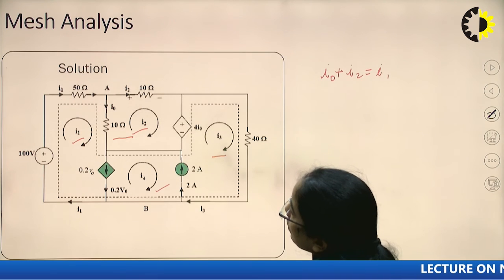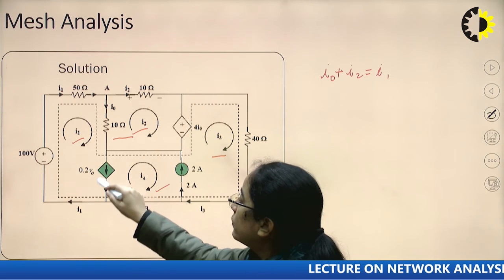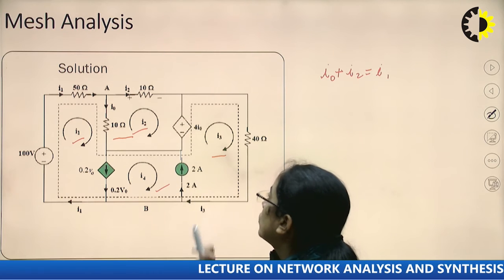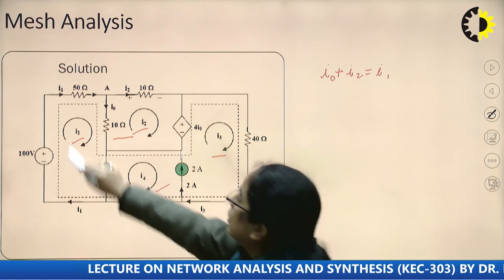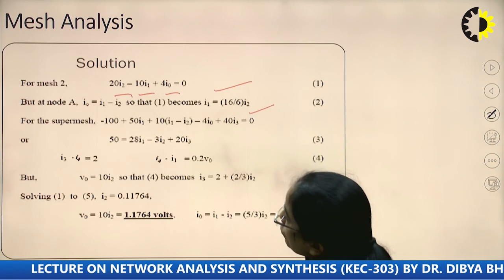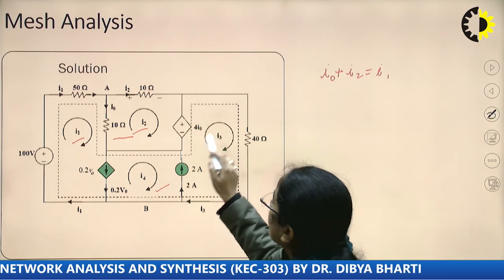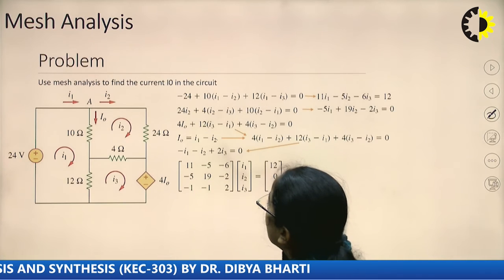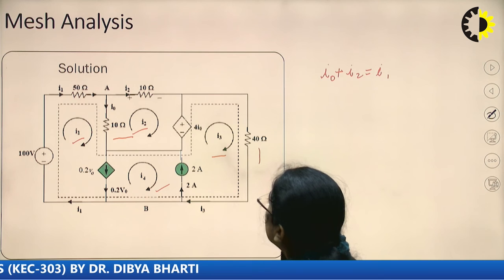Here this is the case of the super mesh, because we cannot write the KVL equation in this part, and we cannot write the KVL equation in this part also. That means we will have to apply the KVL equation in the super mesh. So we can write 50 I1 minus 4 I0 plus 40 I3.